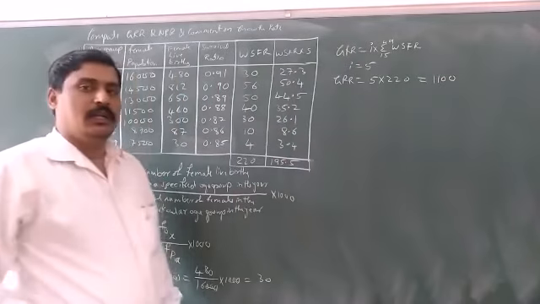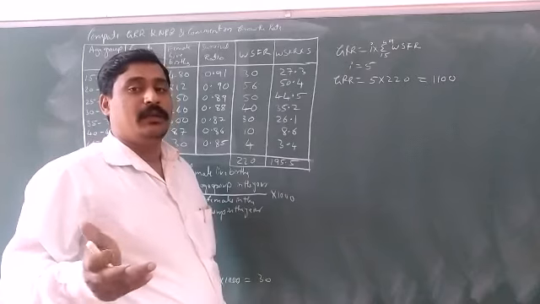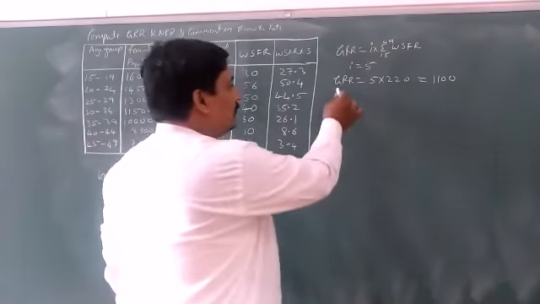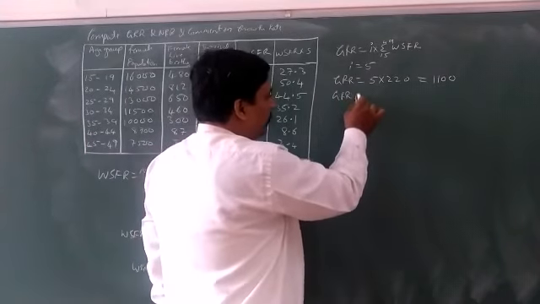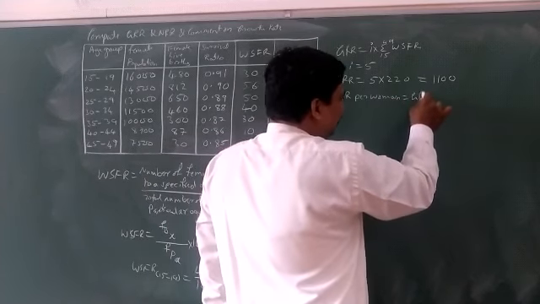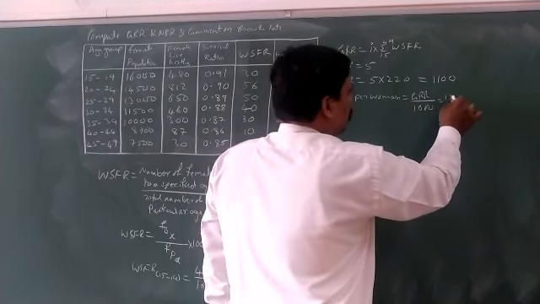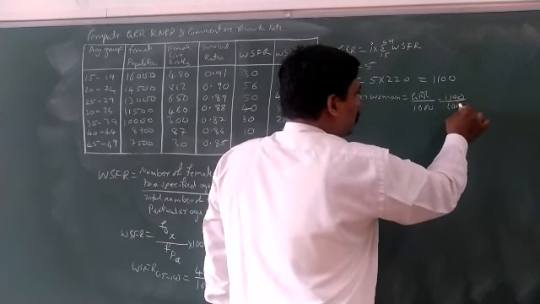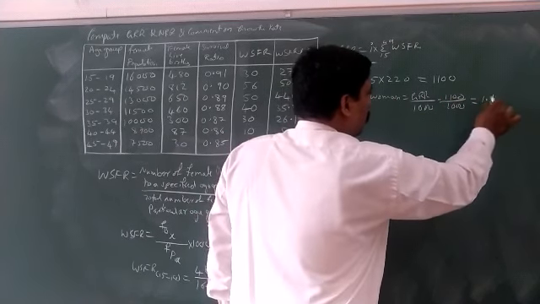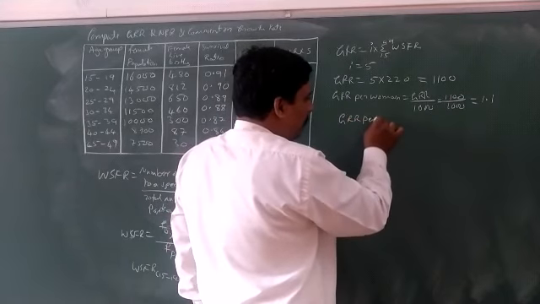So 1100 is per 1000 women. We need to calculate now per woman. So GRR per woman is equal to GRR per 1000 divided by 1000. That is 1100 divided by 1000, that is equal to 1.1.